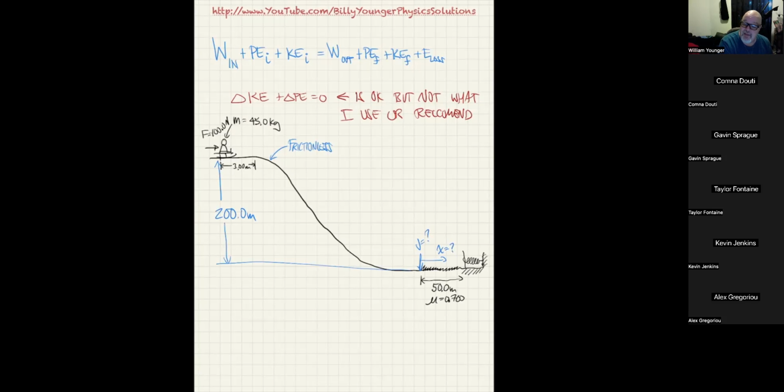Now, if I find that the child will go way beyond 50 meters, then I know the child's not coming to a stop and is going to run into the spring-loaded bumper. And in fact, I know that the k for this spring-loaded bumper is equal to 7,000 newtons per meter. In which case I wish to know x2 equals question mark.